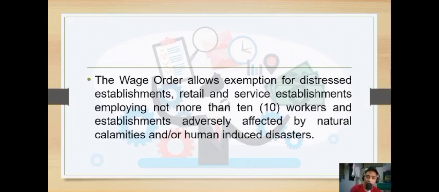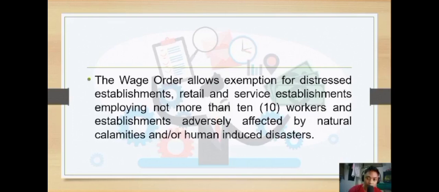So these establishments or companies have not more than 10 workers, so they are exempted from the wage order because they lack the numbers to proceed with the effectivity of the wage order.